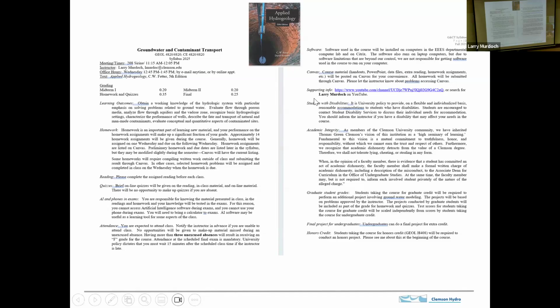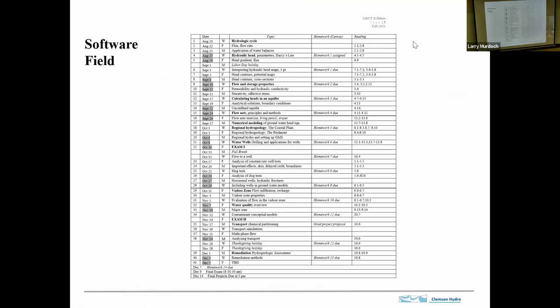I have a lot of details here. You can read through it. The grad students are going to have a project that'll be the primary difference between grad and undergrads. And then here's a listing of the topics for each day.